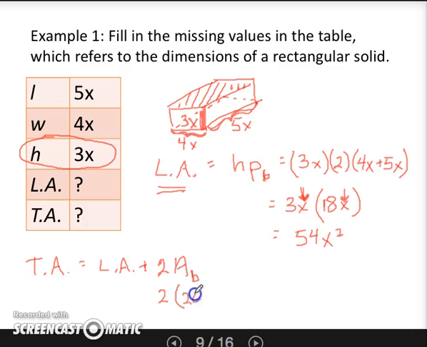So that's going to be 20x squared. Okay, and then for my lateral area, I've already found 54x squared. So adding them together, I'm going to have 54x squared plus 2 times 20x squared, and that's going to give me a total of 94x squared.